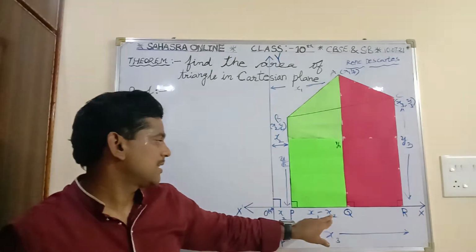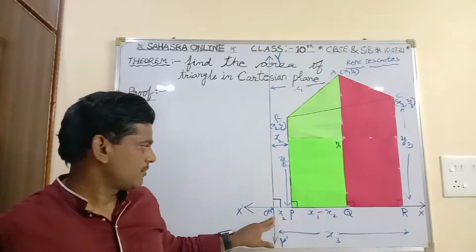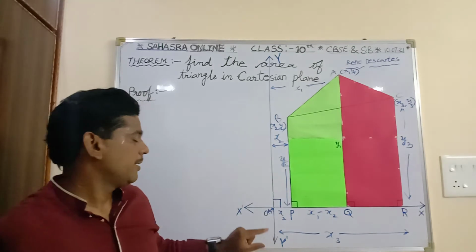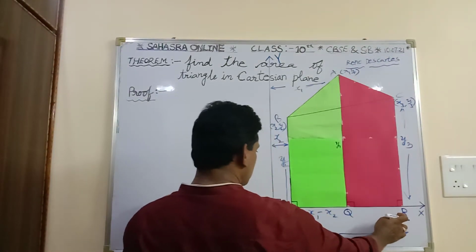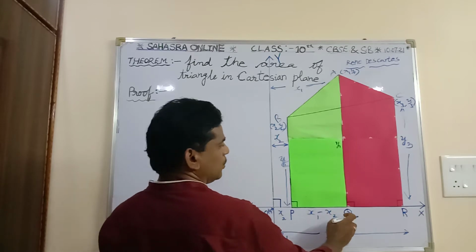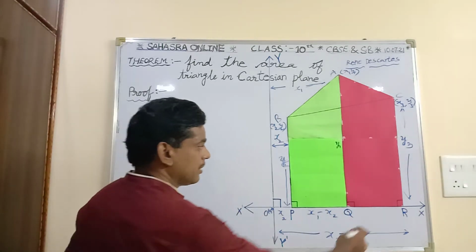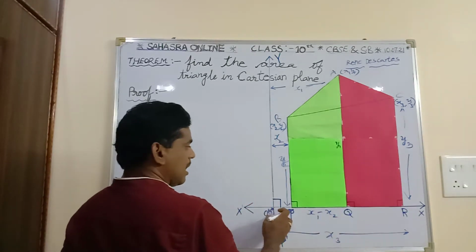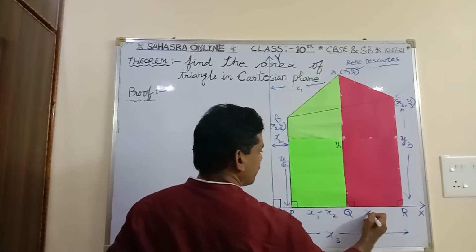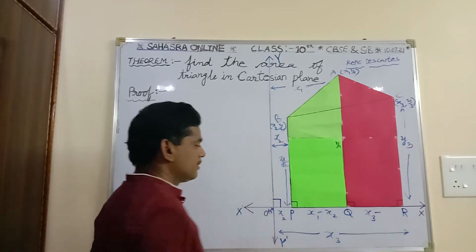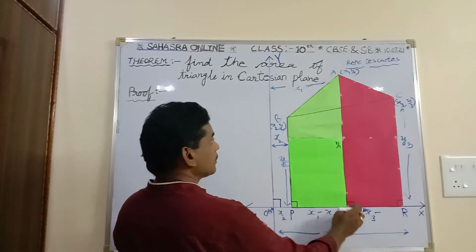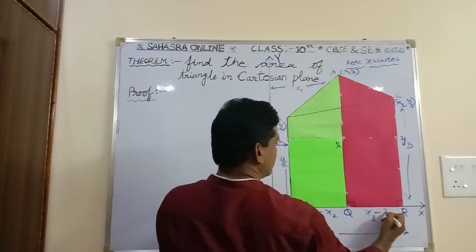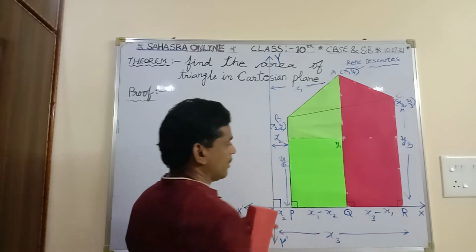Just you subtract x2 from x1. Okay. Similarly, the distance from R to Q, how will you get it? The total distance from R to O is x3. So, the distance from O to Q is x1. Yes, this is simply x3 minus x1.